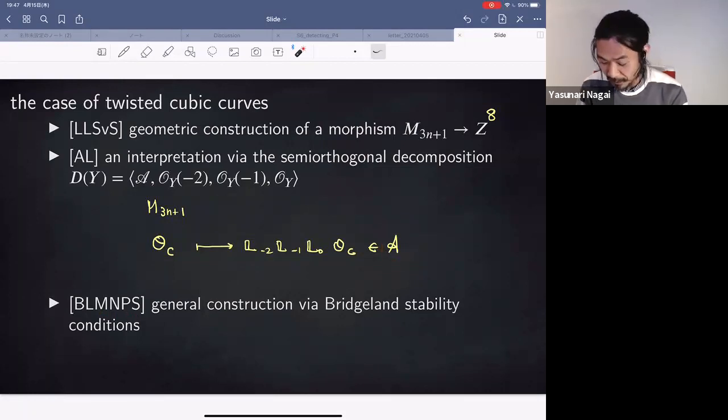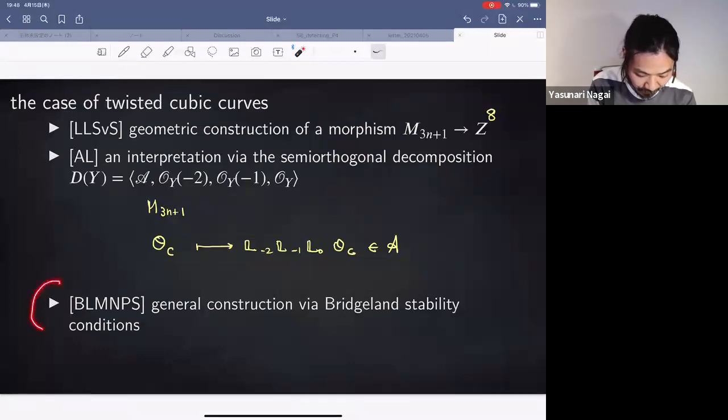They construct the moduli space of Bridgeland stable objects, and they prove that it is a symplectic projective manifold. So we already have quite a generalized construction of this moduli space Z.